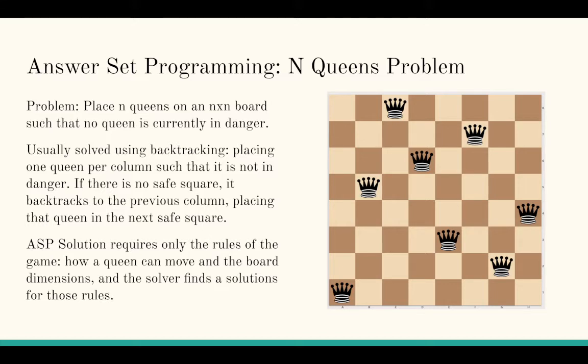And the rules are that you have to place all the queens on the board such that no queen is in immediate danger, meaning there's no queen in another queen's line of attack, and that would be vice versa, because that's how queens work, right? For those of you who aren't familiar with chess, the queen can move in basically every direction, diagonally, horizontally, or vertically, until it hits something.